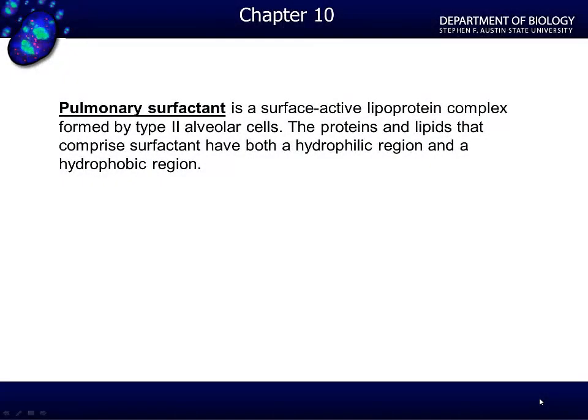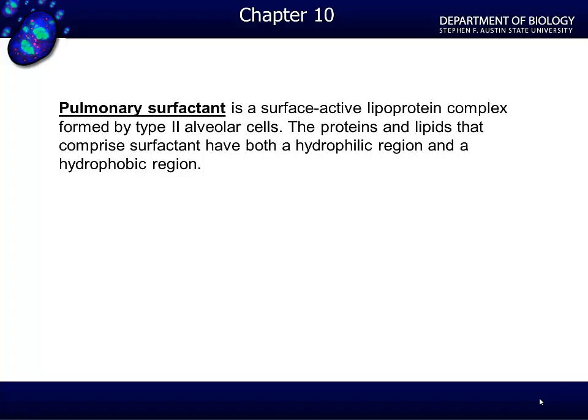And now, as we've mentioned earlier, surfactant, and this is just what I want to cover as we finish up this unit. This lipid-like complex: the surface tension of water inside these very small alveoli would tend to collapse the alveoli down.